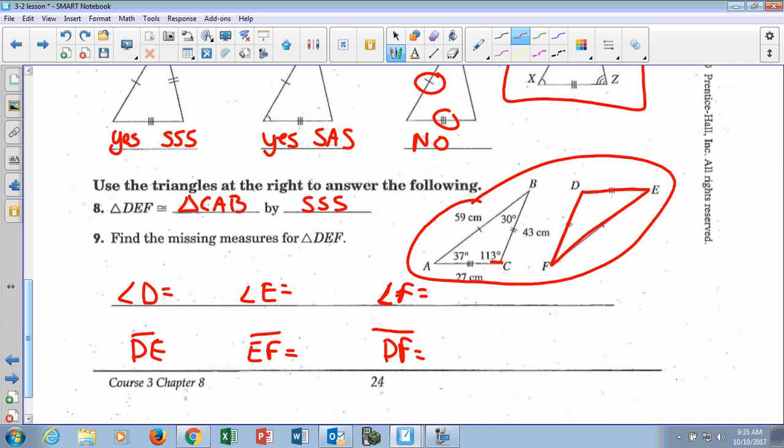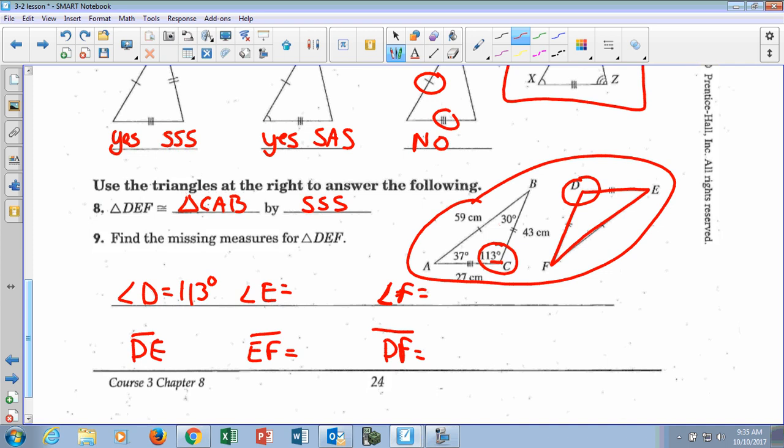Aiden, give me one. 113? Okay, D is 113 degrees. Good. Because this angle is the same to this one. Good. All right. Who's got another one? Gavin. Anyone you want. We got 5 left. You want to give it a shot?